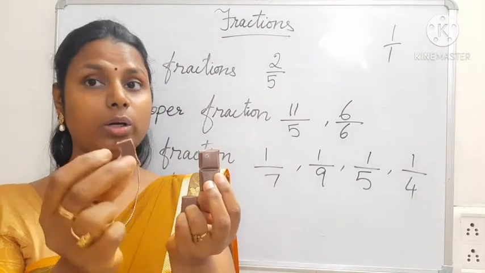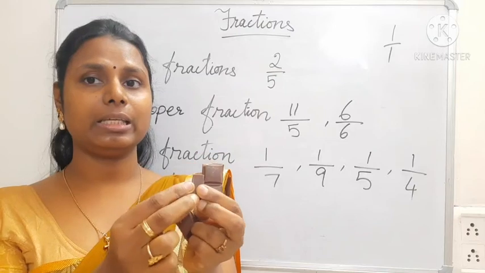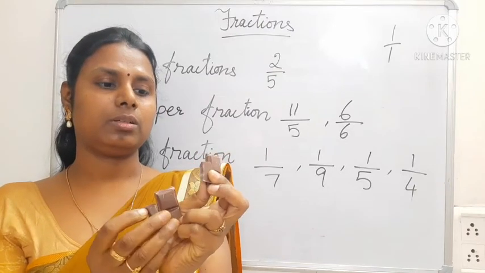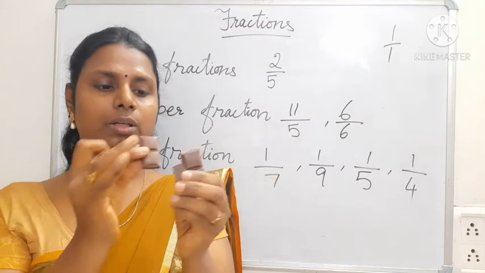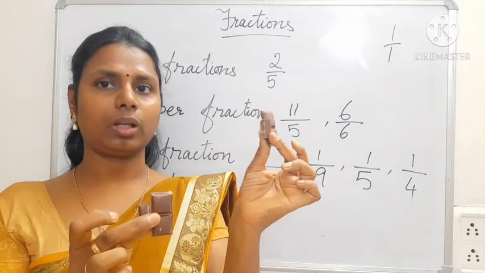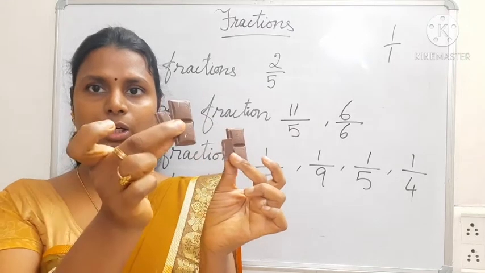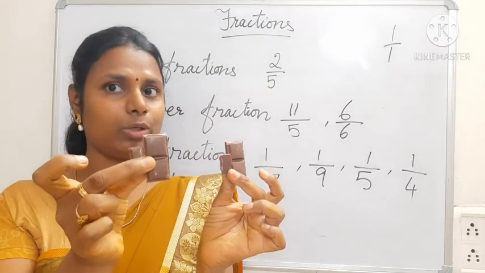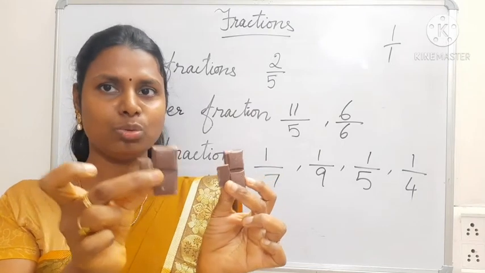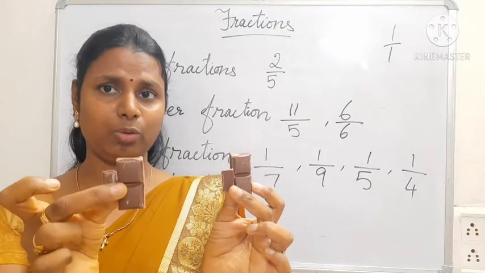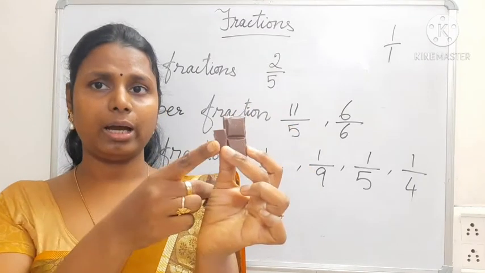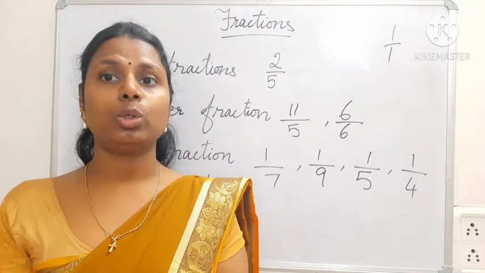So I broke this chocolate half in this and half in this. So now see here, 2 and half, 2 and half. Isn't it so? So we have to divide equally when we are giving two children. So for one child, 2 and half, and for another child, 2 and a half.